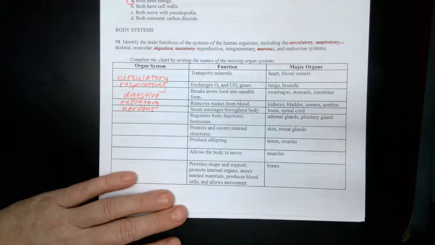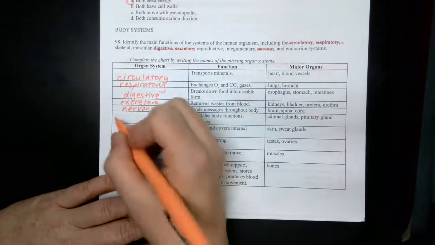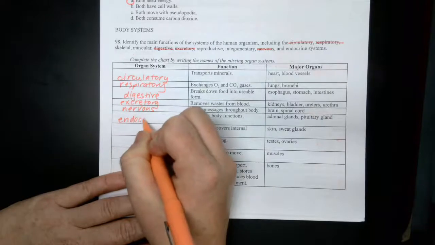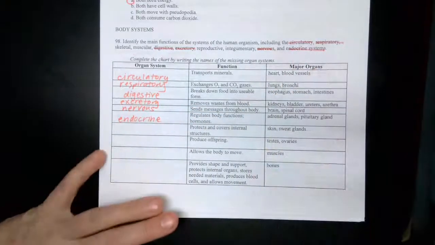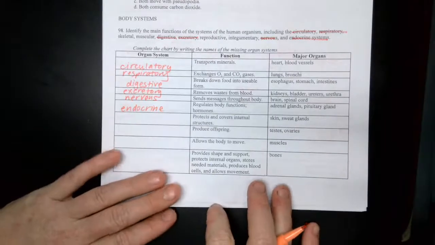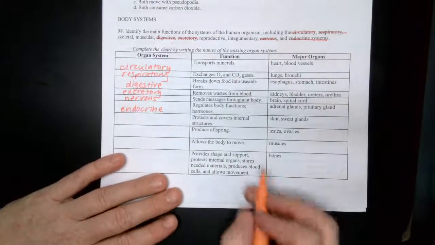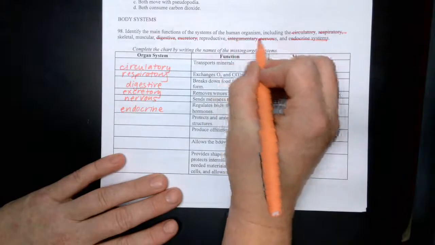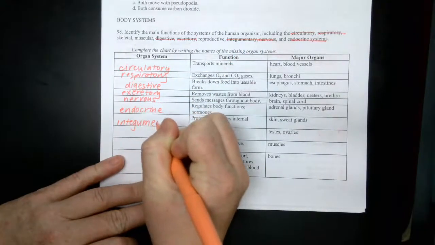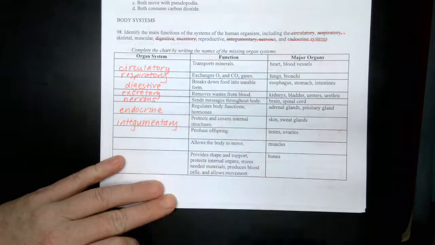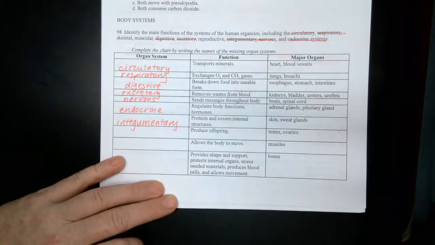Regulates body functions, hormones, so different glands that we have. That is part of our endocrine system. Protects and covers internal structures, like our skin, our sweat glands. That is called the integumentary system. To produce offspring, males have testes and females have ovaries.